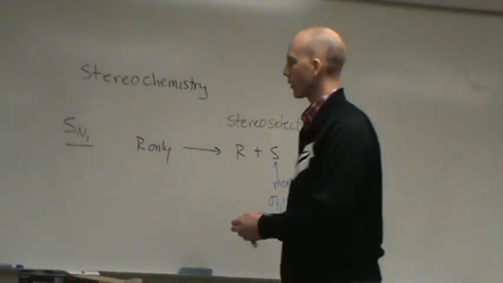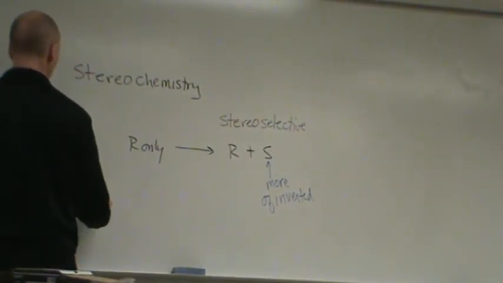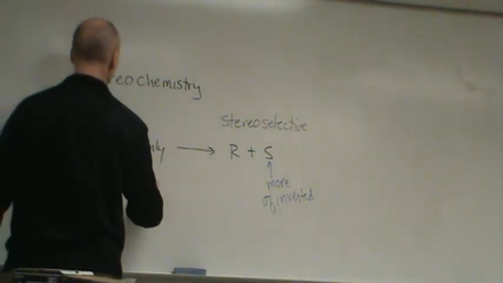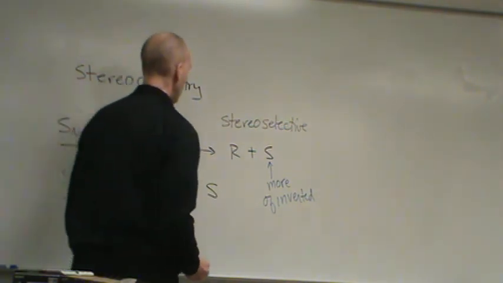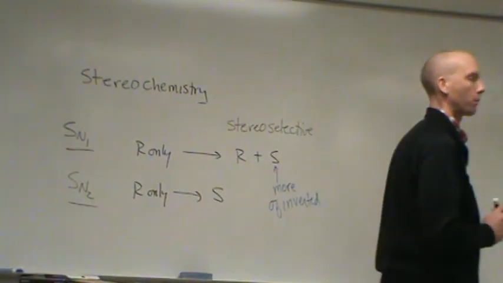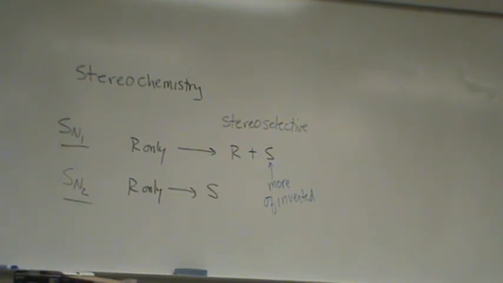To use the same diagram for SN2, that's how the comparison would be. You only get the S. But for SN1, you get the mixture. Any questions on the stereochemistry?